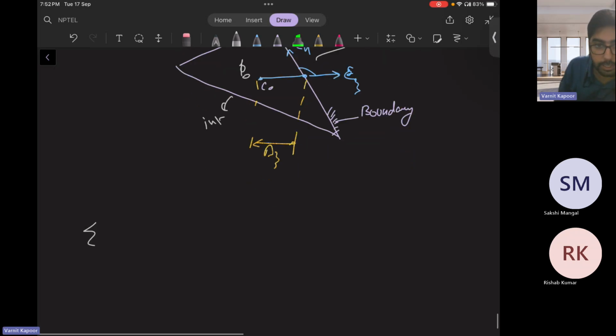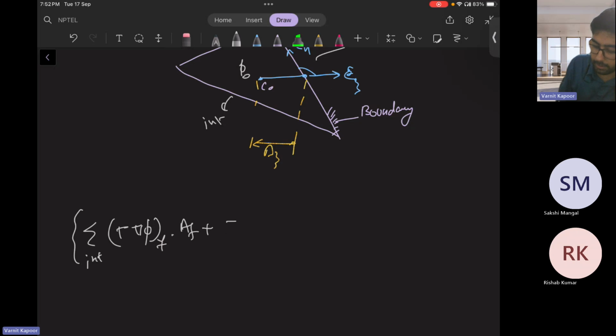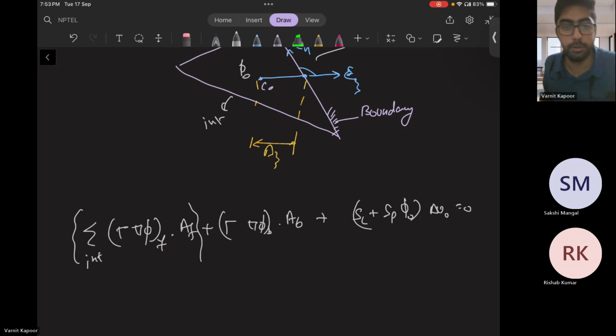If I write for the internal cell, summation of internal cell gamma dot phi f dot AF plus now we will come along with the boundary cell, phi of boundary dot A of boundary, plus if you have some source term SC SP phi naught del V naught is equal to 0.